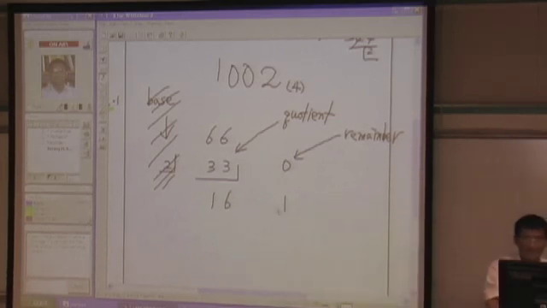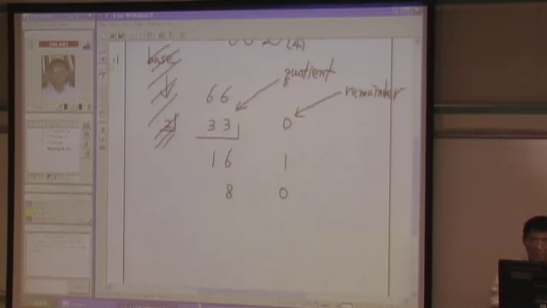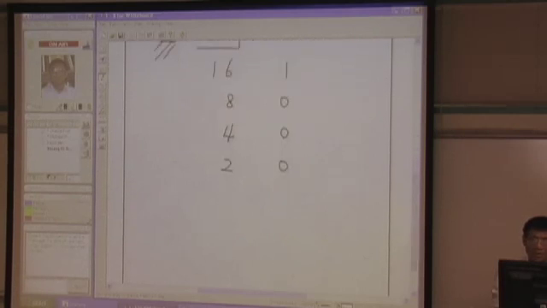And then if we divide this by 2, then 8, and then the remainder is 0. If we divide 8 by 2, the quotient is 4, the remainder is 0. If we divide 4, the quotient is 2, the remainder is 0. If we divide this by 2, the quotient is 1, and the remainder is 0. If we divide this by 2, the quotient is 0, the remainder is 1.